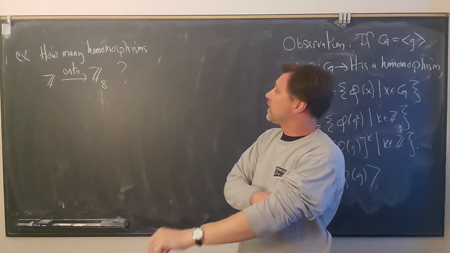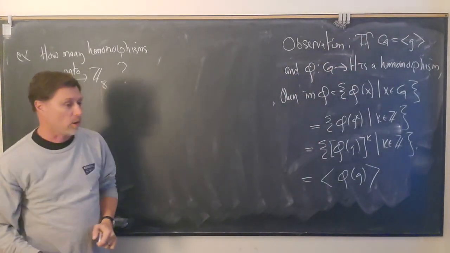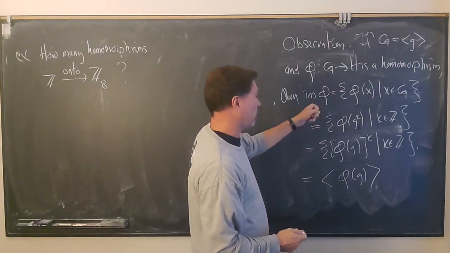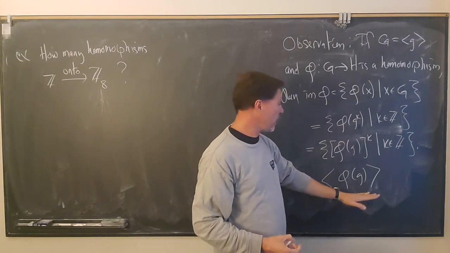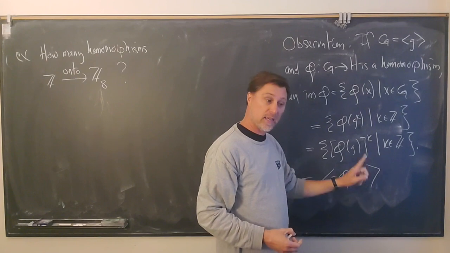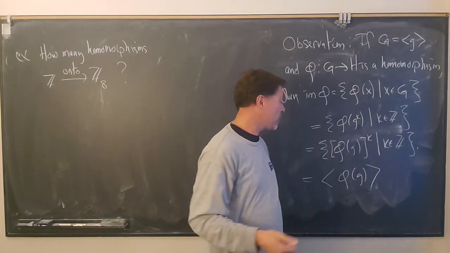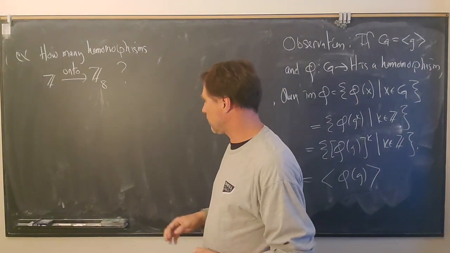Now, if we want it to be onto, using this observation right here, what do we know? We need the image to equal all of Z8, which means that we will need the cyclic subgroup generated by phi of the generator, in this case phi of 1, to be equal to a generator of Z8.